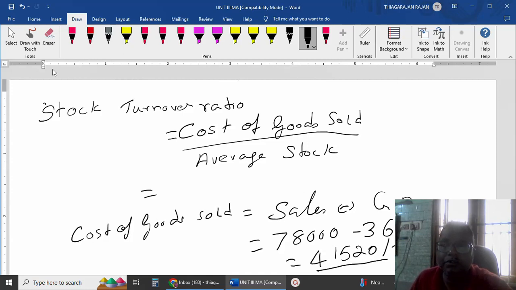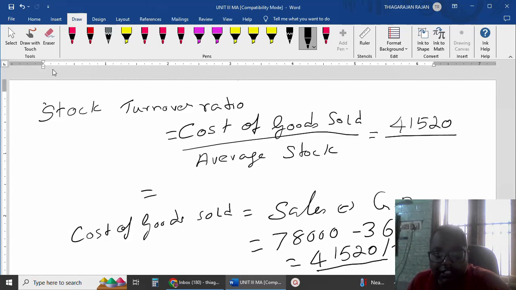So you substitute here cost of goods sold 41,520 divided by average stock. What is average stock? Average stock is opening stock plus closing stock divided by 2. In the sum, opening stock is given, closing stock is given.